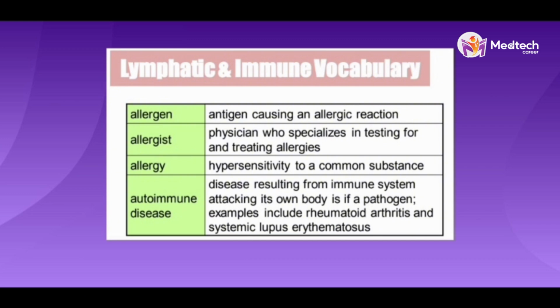And next one, allergy: hypersensitivity to a common substance is called an allergy. Autoimmune disease: a disease resulting from the immune system attacking its own body. Examples include rheumatoid arthritis and systemic lupus erythematosus.